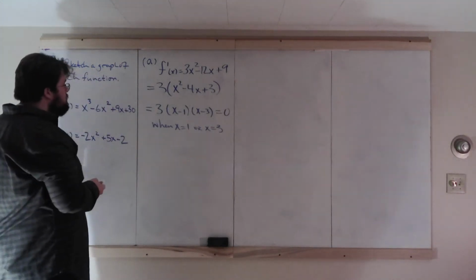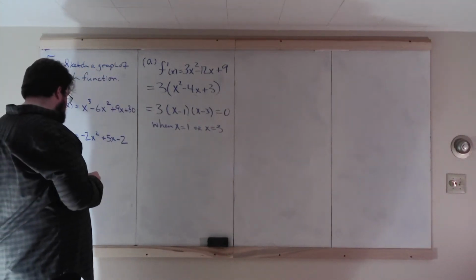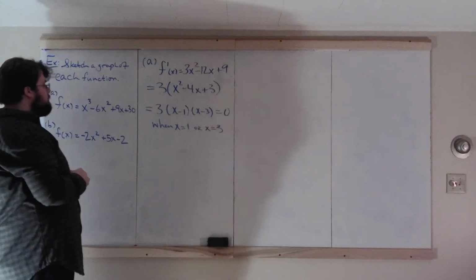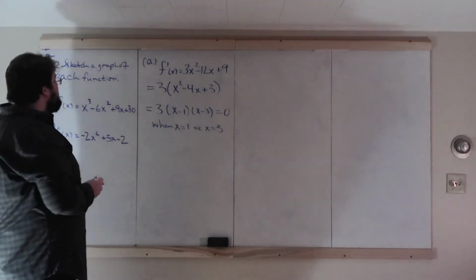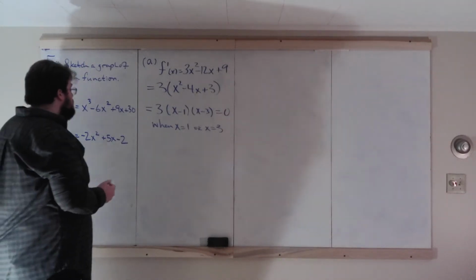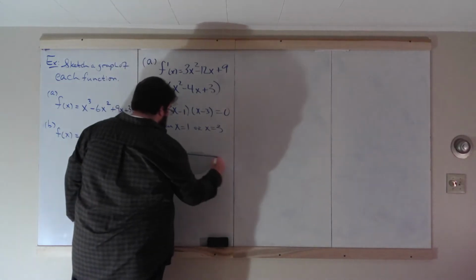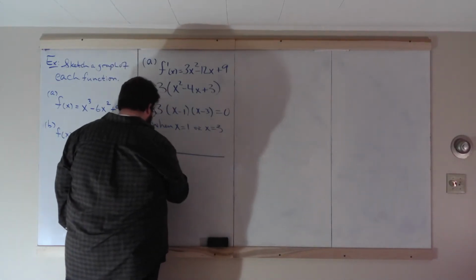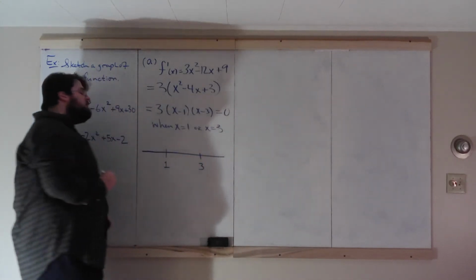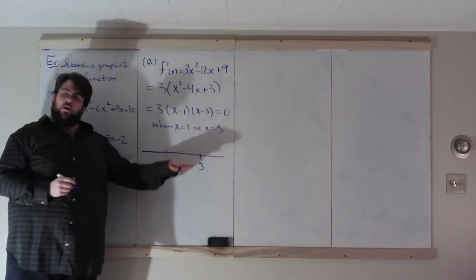And we'll do polynomials, so the derivatives are never undefined. But in general, you would also have to find where they're undefined. So this first derivative is 0 at 1 or 3. Well, that tells us, if we look at a number line and mark off 1 and 3, the first derivative is 0 at 1 and 3.